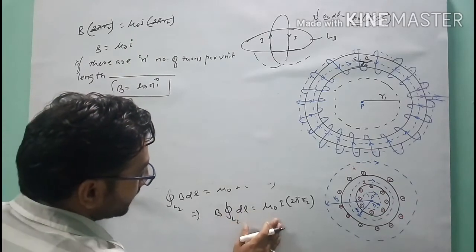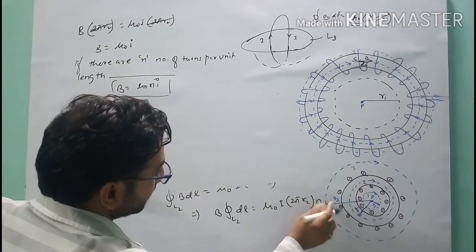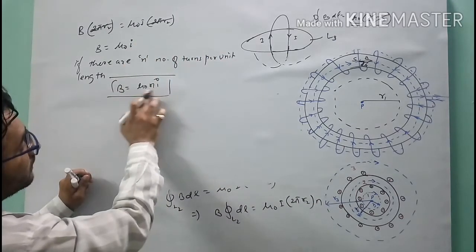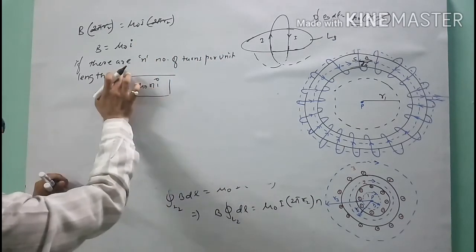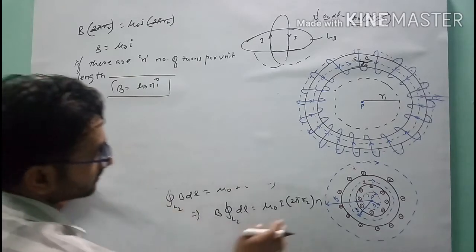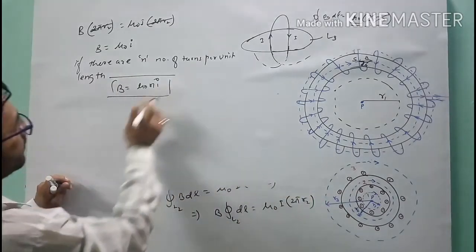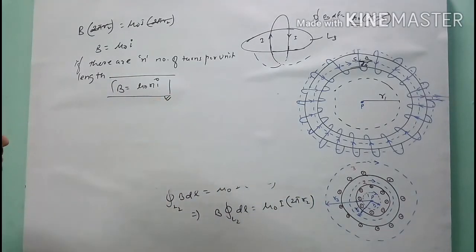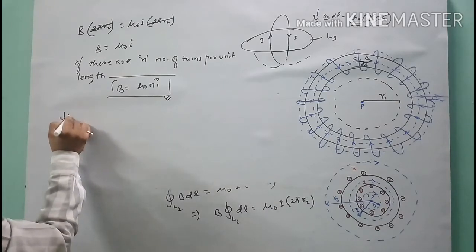If you write the number of turns as n, then at last in your calculation you will get this formula. Otherwise you can add this statement at last. So here, if there are n number of turns, the formula will be mu naught n I.